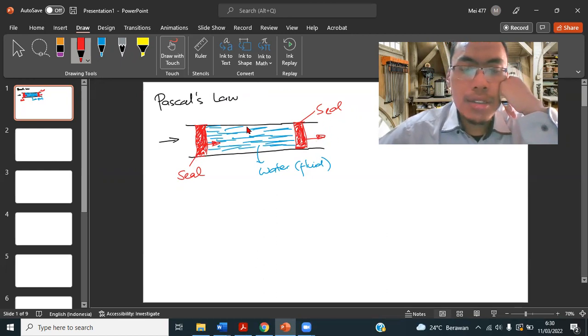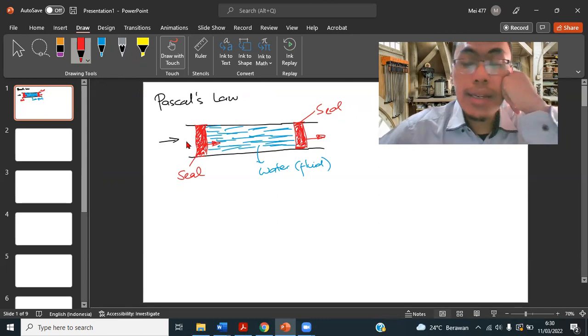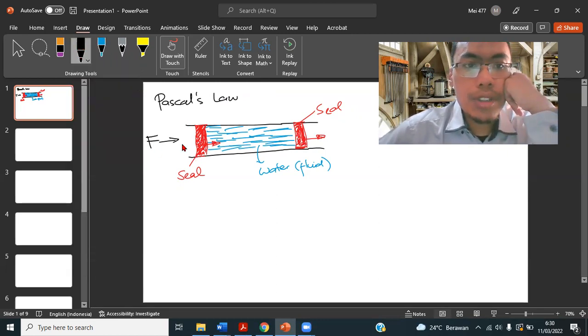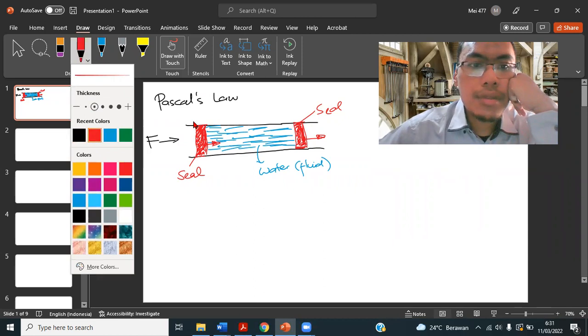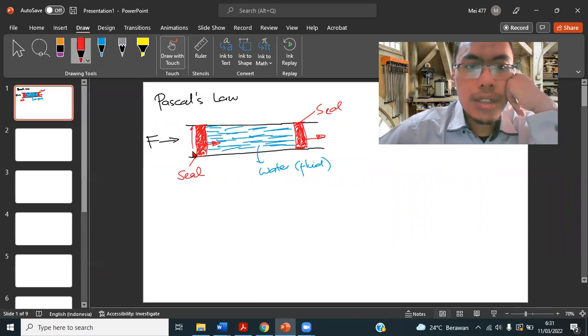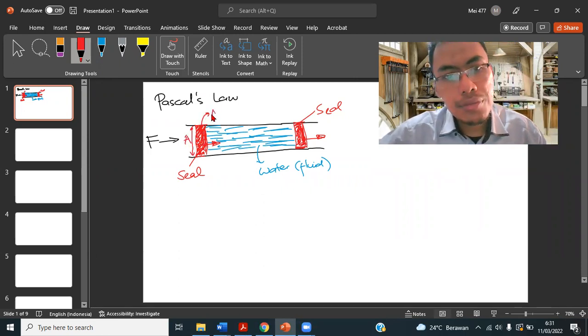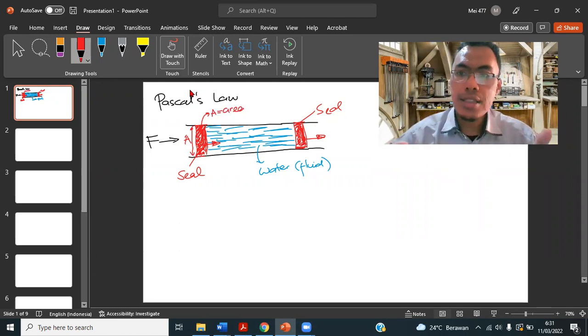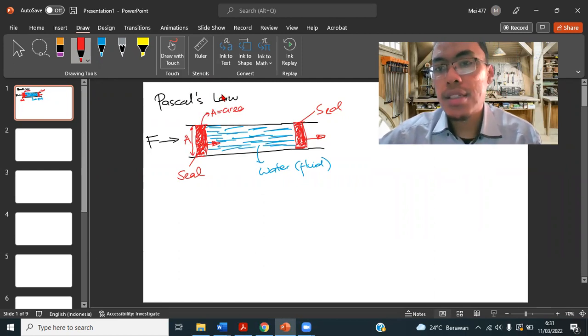Nah, the reason why, because when we put force or F here, then it is A. A means area. So the seal is like a plate, ya, and the plate has area, ya.